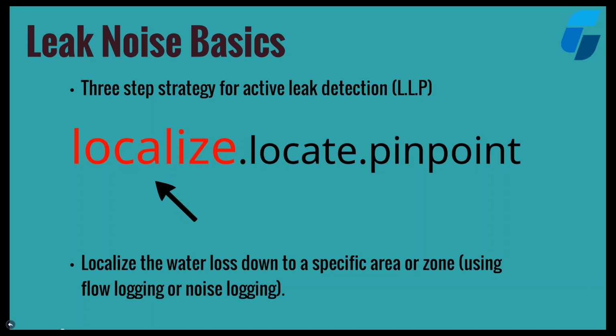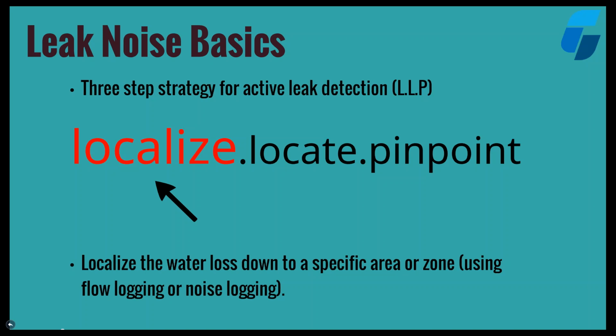When you are starting to develop a program or hiring a contractor to come out and do leak detection for you, try to find the areas where you have differential meter issues. You can go out and look at your meters and see where you have water loss issues and start in those areas.